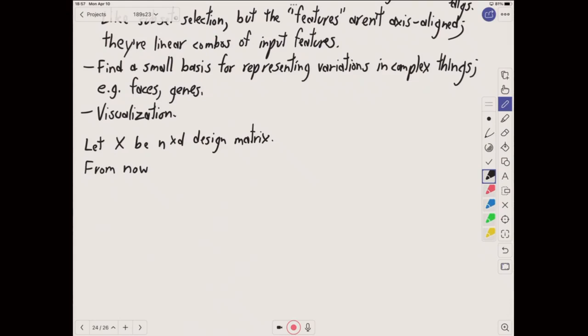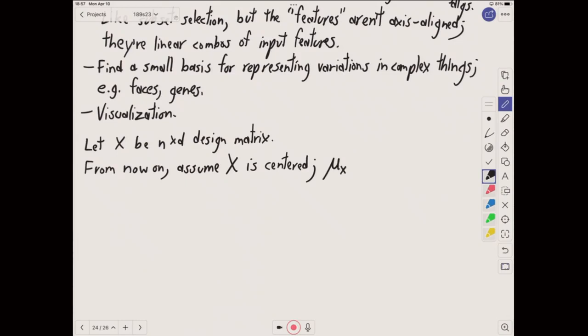All right, so the first thing we're going to do is center that matrix. And I don't want to change notation, so let's just assume that X has already been centered. So I can use the notation X for the rest of the lecture, which means if you take the average of all the sample points, all the rows of X, that's 0.